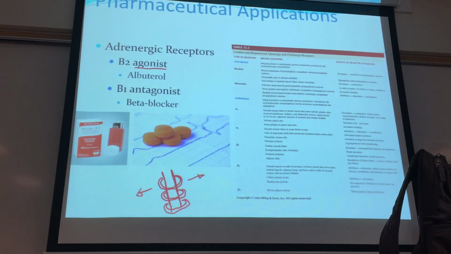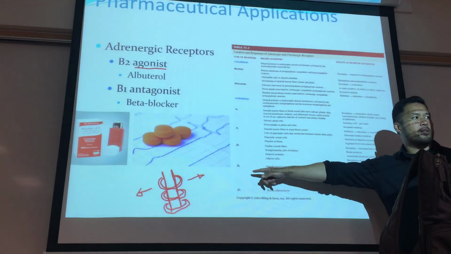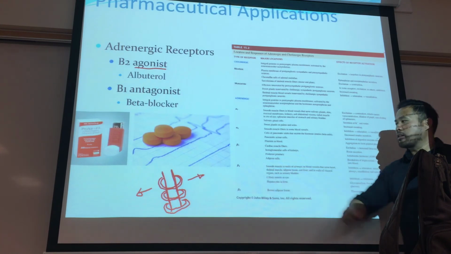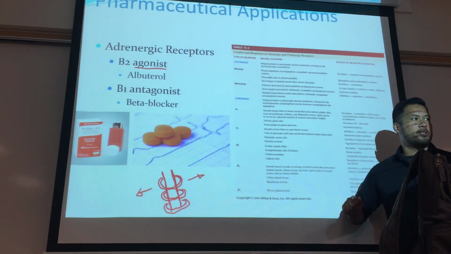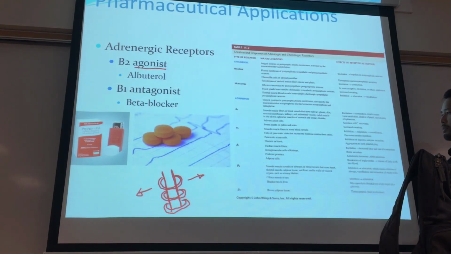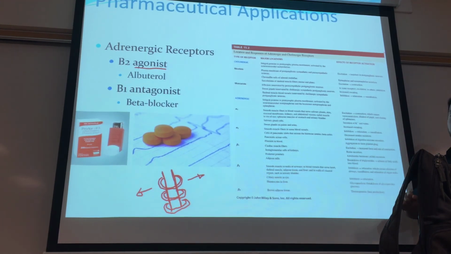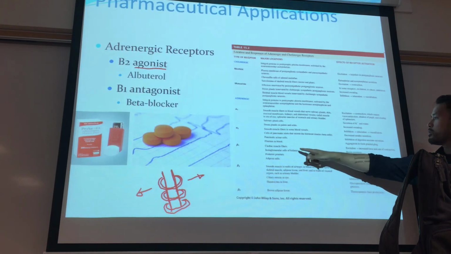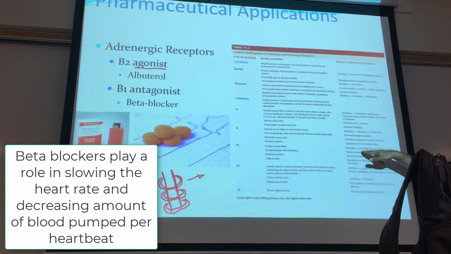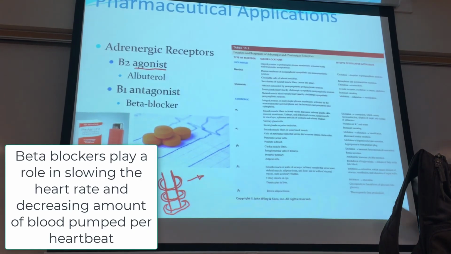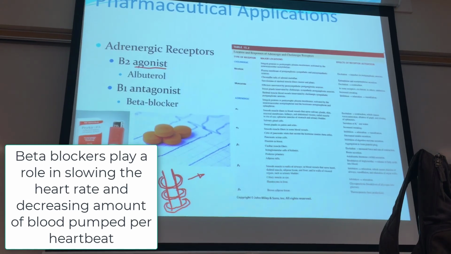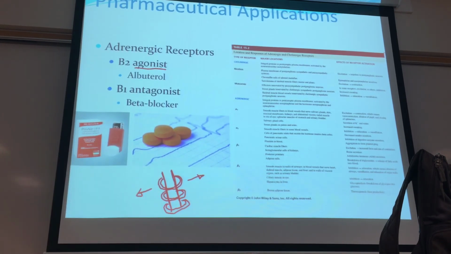Hence we call them beta blockers. What beta blockers do is they come in and bind to the receptors and compete with epinephrine that's supposed to bind, just like you remember from our first week's worth of lecture. They compete and allow less epinephrine to bind, therefore decreasing the response of increased heart contraction and rate of contraction.